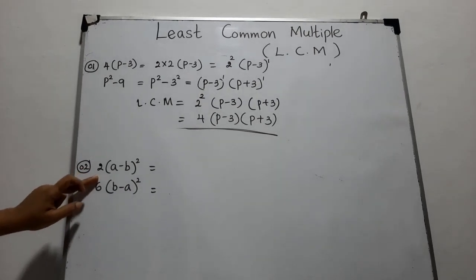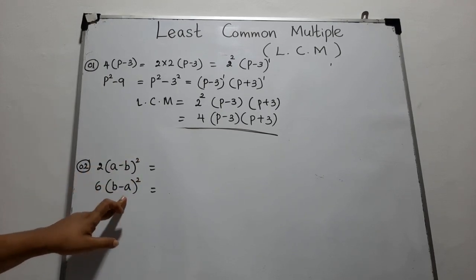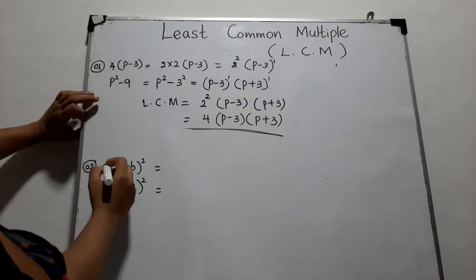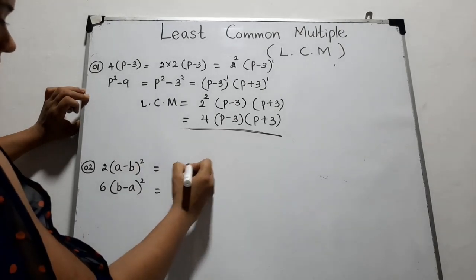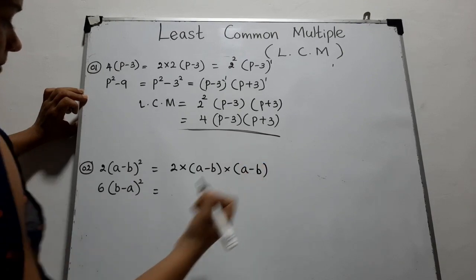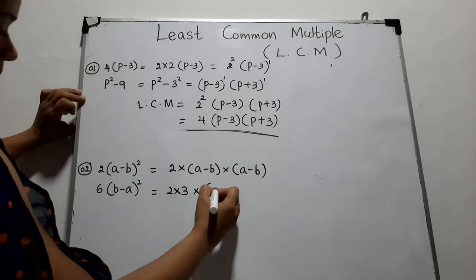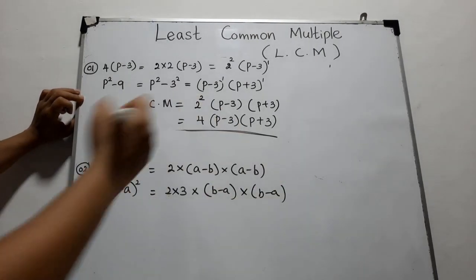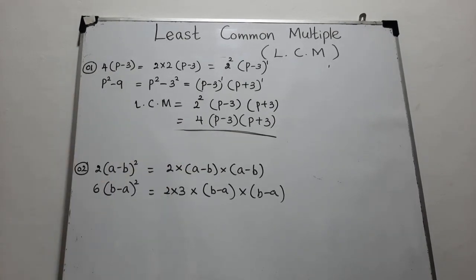Here 2 times (a minus b) squared, and 6 times (b minus a) squared. Let's factorize. Here 2 times the power, we can write it as 2 into (a minus b) into (a minus b). Here 6 can be written as 2 into 3 into (b minus a), (b minus a). Here there is another special fact.